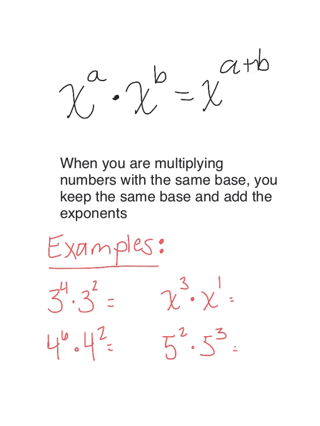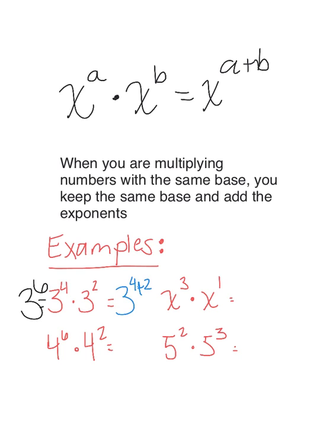If you look at the examples, we have 3 to the 4th times 3 squared. My base is going to stay the same at 3. And then I'm going to do 4 plus 2. So my answer is going to be 3, and then 4 plus 2 is 6. So my answer is 3 to the 6th power.